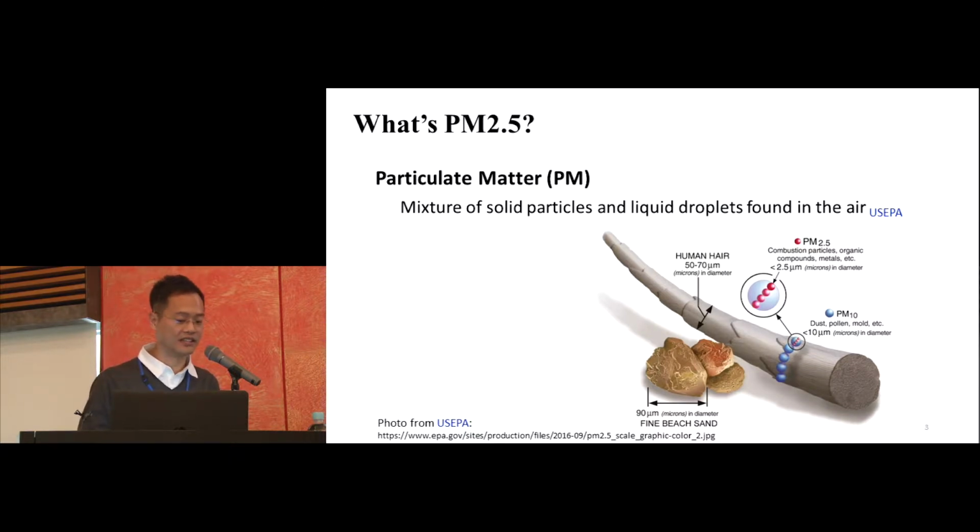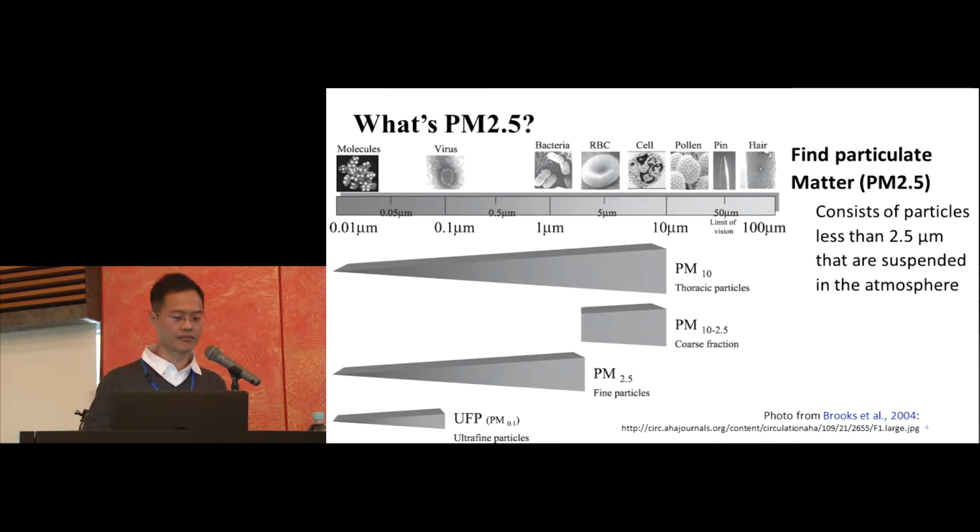These are all kinds of particles, from the bigger, like beach sand, which we can see with our naked eyes, and PM10 like this, and PM2.5 is like this. It's about size, right? PM2.5 is also known as fine particulate matter. It consists of particles less than 2.5 micrometers in diameter that are suspended in the atmosphere.